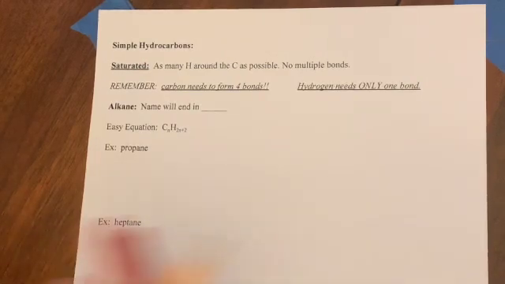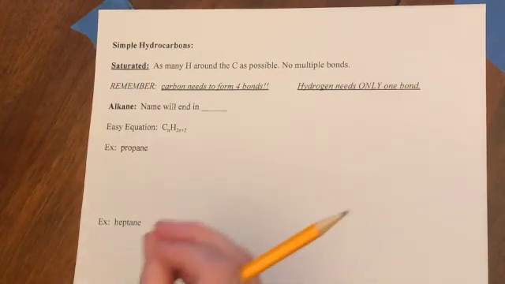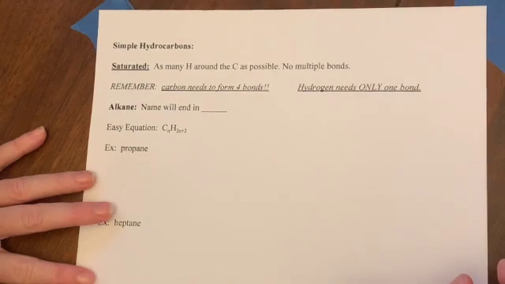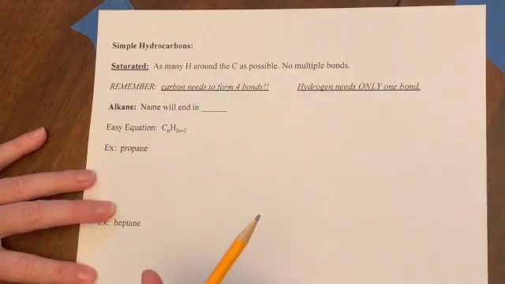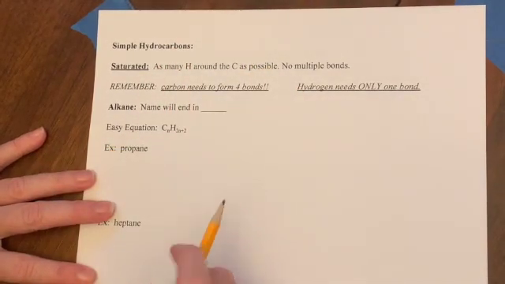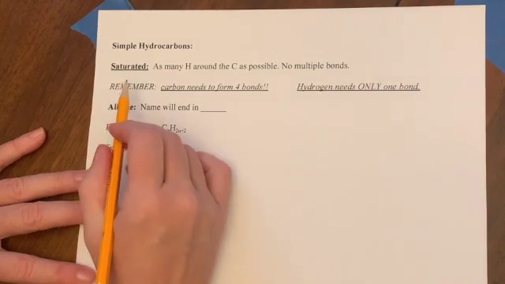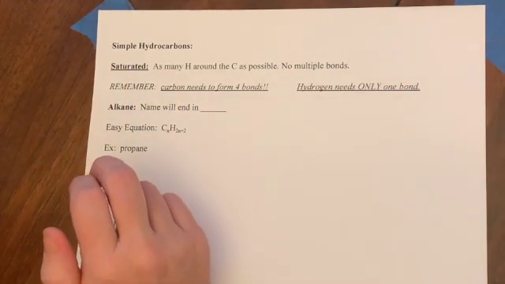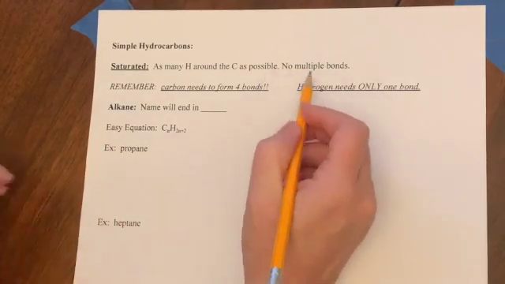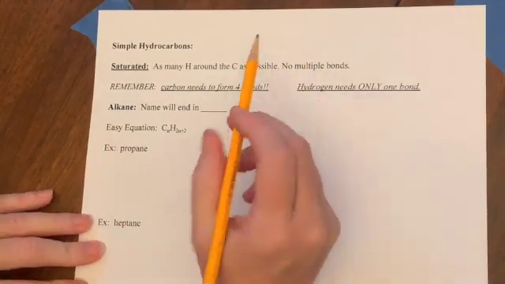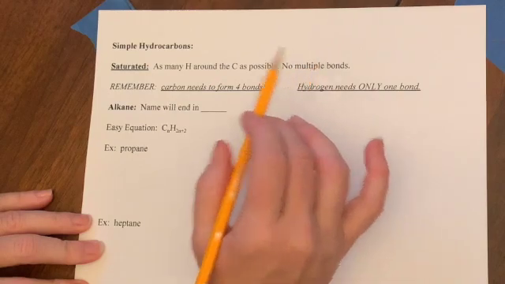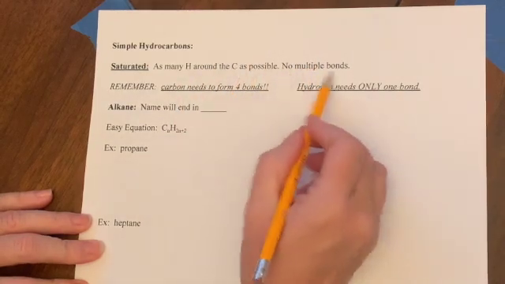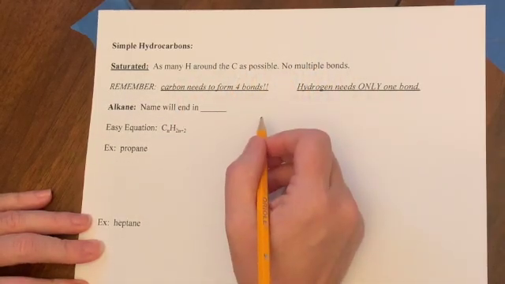That is exactly where they get this concept from, the structure of the organic molecule. Saturated means as many hydrogens as possible around the carbons. Another way of saying that is that all of the carbon-to-carbon bonds are single bonds. You have no double or triple bonds.